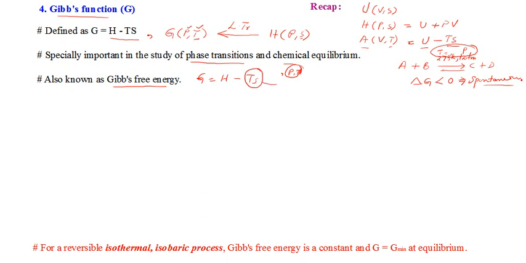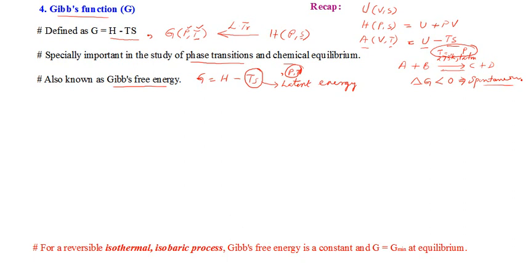And this TS term we earlier had defined, it is something that can be regarded as some latent energy, meaning hidden energy or sleeping energy. Even though this much energy is there in the system, you cannot make use of it in a useful manner. So whatever energy remains in the useful, available form will be H minus this latent energy.